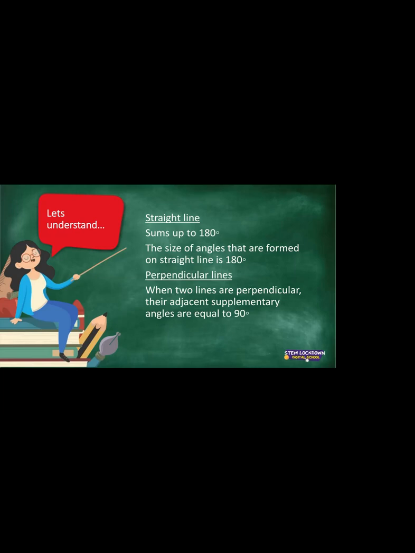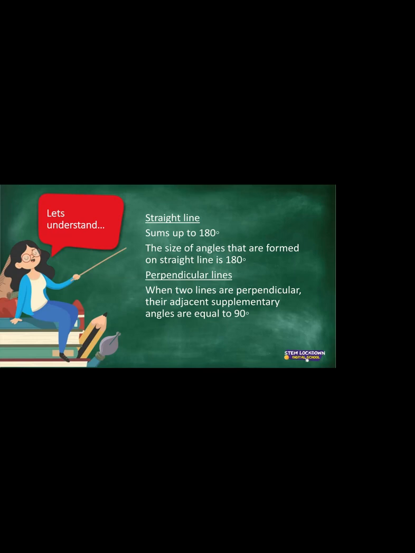It's a sum of 180 degrees, but don't panic if you don't understand. You will by the end of this lesson. The size of angles that are formed on a straight line is 180 degrees.